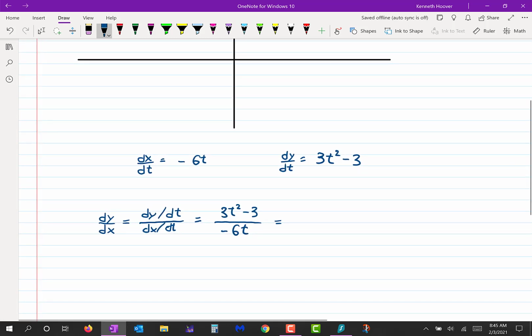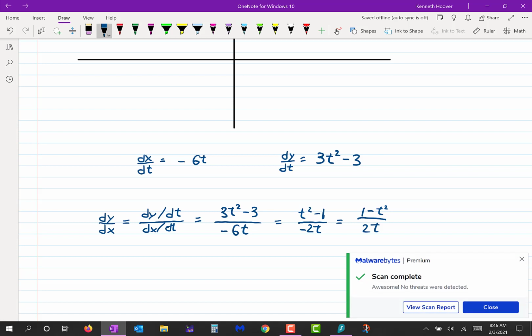We'll get t squared minus 1 over negative 2t. And let's rewrite that as 1 minus t squared divided by 2t. So that's dy dx.